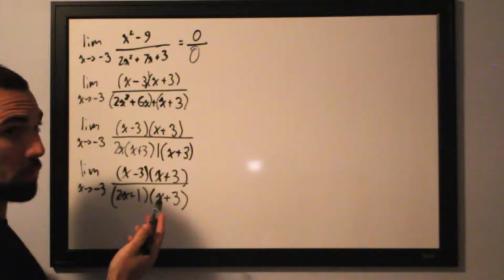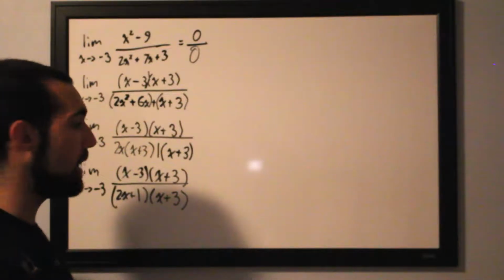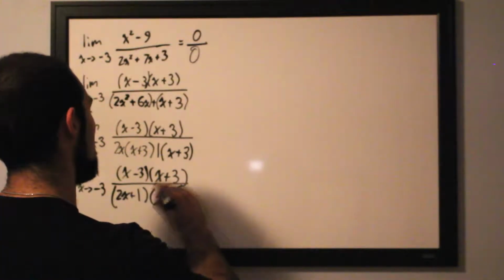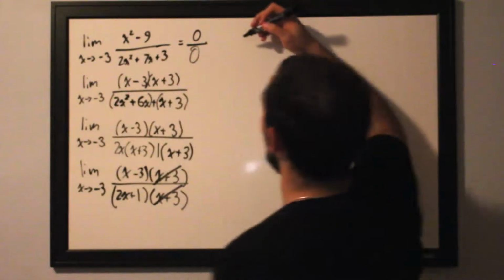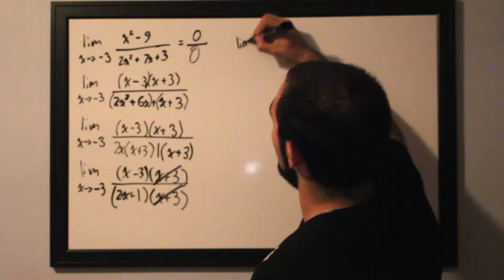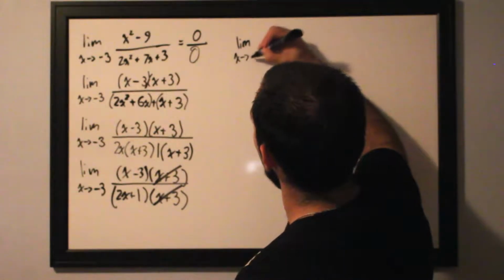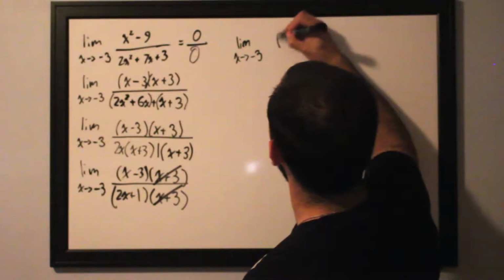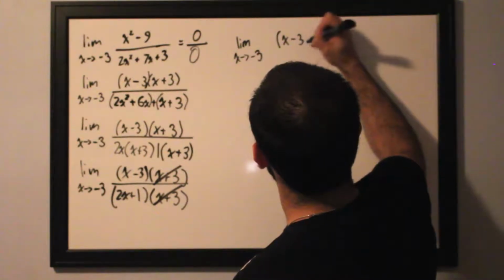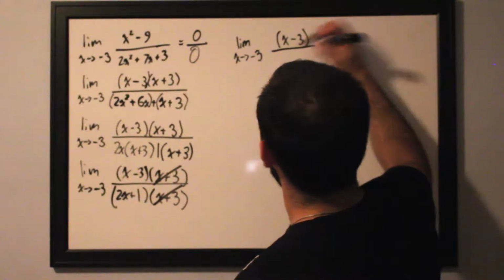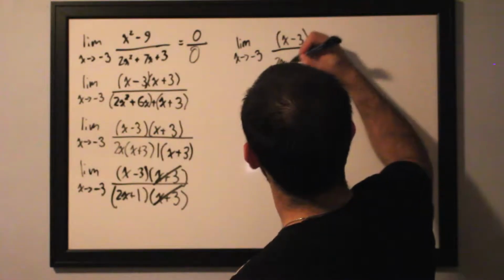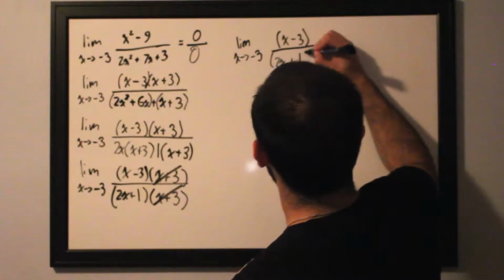We have a common x plus 3 in both the numerator and the denominator. These can be cancelled out. X plus 3, gone. And we're going to be left with the limit as x approaches -3 for x minus 3 in the numerator and a 2x plus 1 in the denominator.